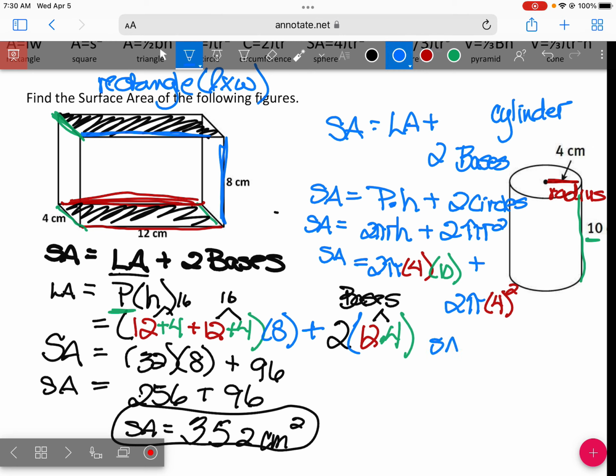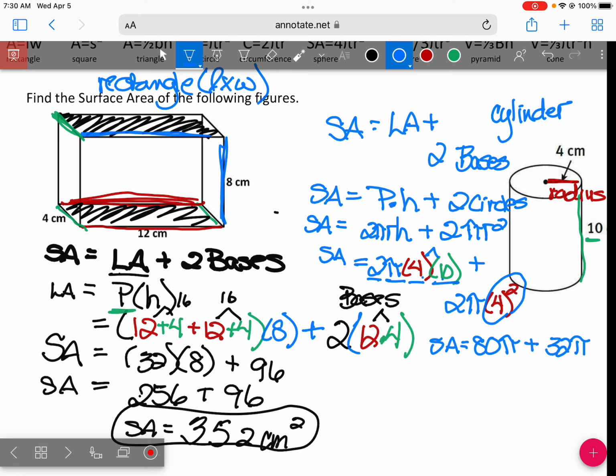So surface area is, now I like to do this in my head some, but you can on your calculators put 2 times pi times 4 times 10. I like to say it is 4 times 10 is 40, and 40 times 2 is 80 pi plus, okay, we know from order of operations, I need to do the 4 squared first. 4 squared is 16, times 2 is 32 pi.